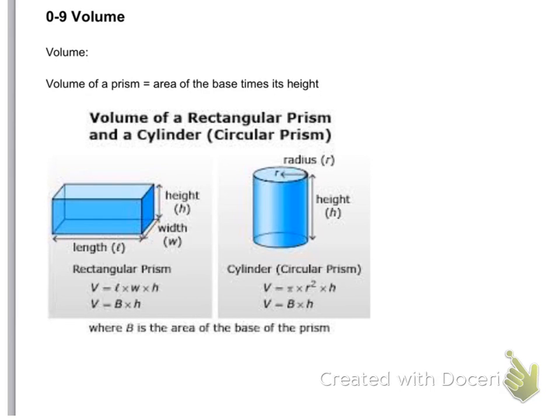Okay, Algebra 1. This is 0, 9. We're talking about volume. What is volume? Volume is the amount of space an object occupies. It can't be area if we're talking about volume.